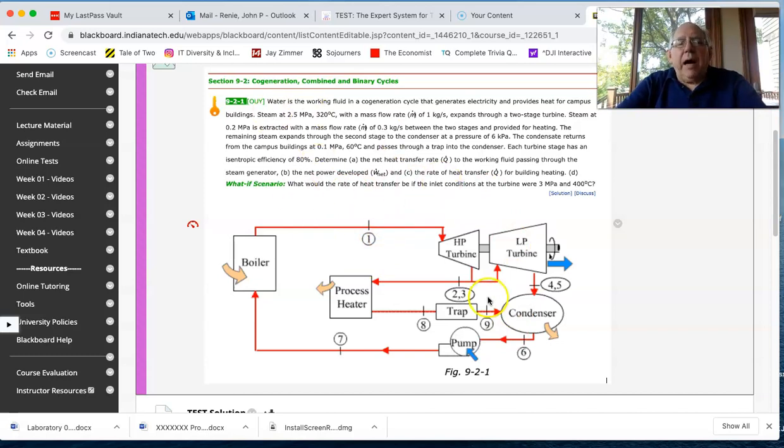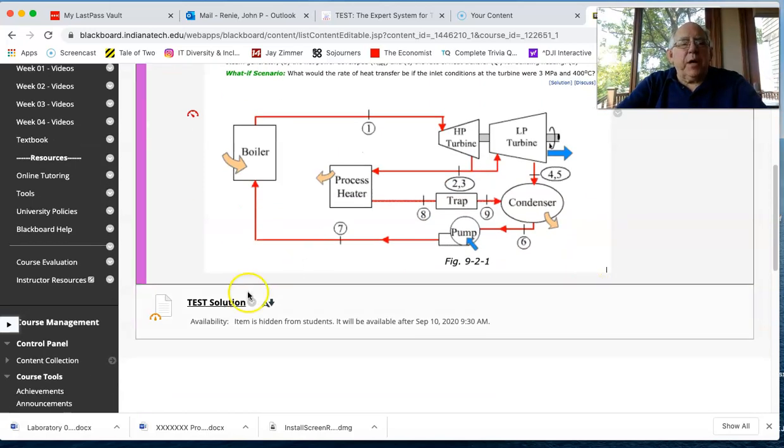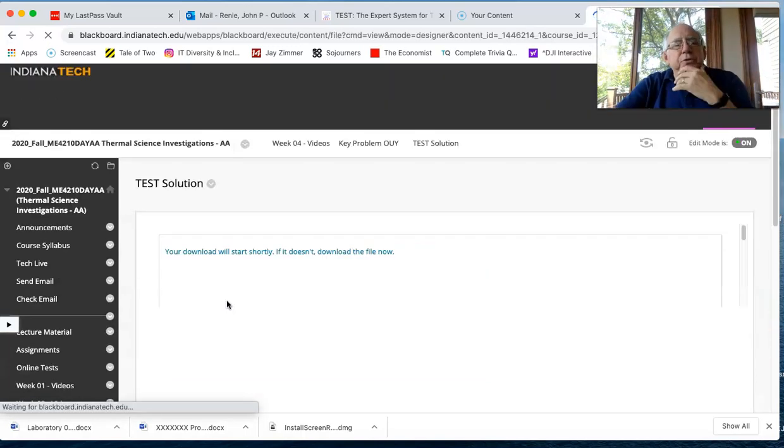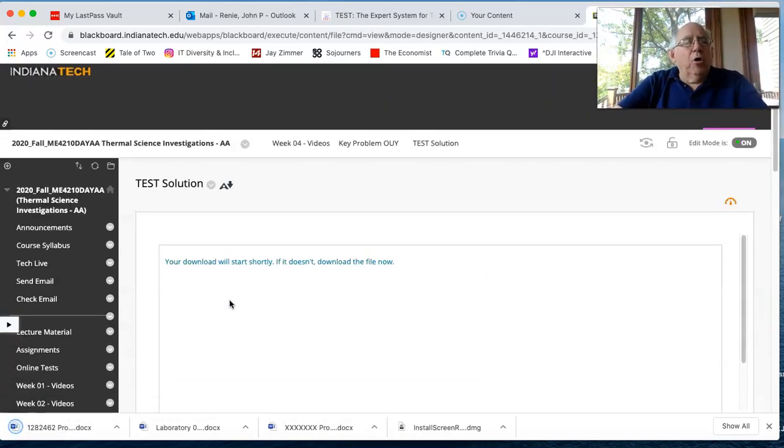With that in mind, what I'm going to do in this problem is, I have already solved the problem. I have it in a Word document, and for expediency here today, I'm going to open up that document and copy and paste the solution into the test software to speed some things up.